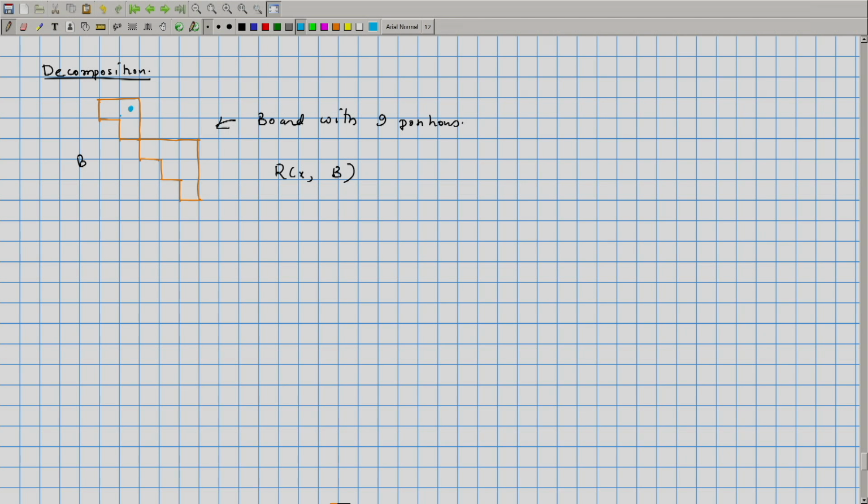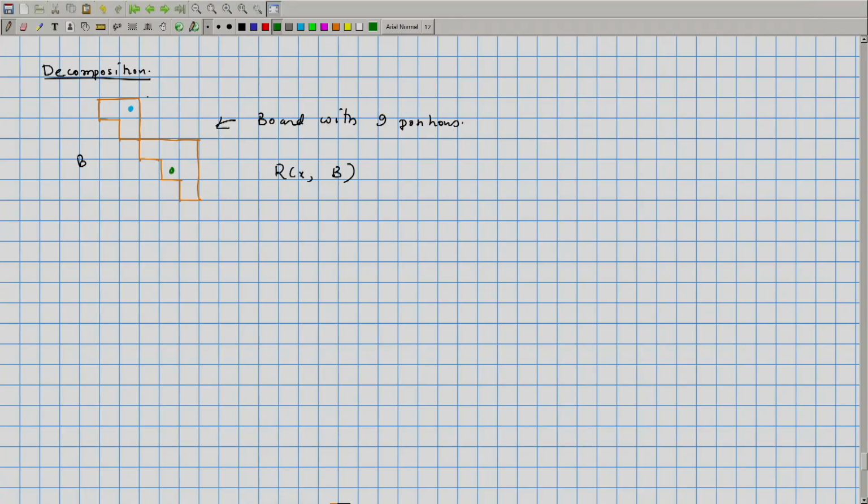For example, if I place a rook here, and if I place a rook anywhere else in the other part, they can never be attacking. So, if you can break down the board into constituent parts such that any position in one of the parts does not attack any squares in the other part, then we call that a decomposition.